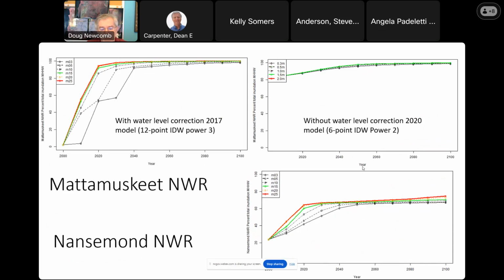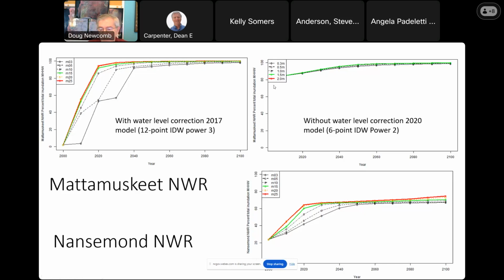And then if you look at Mattamuskeet, you can kind of see the differences if you do the correction to the elevation of the water level. It shows that there is a difference, but it's still going to be a major impact by the middle of the century. And then without the correction, it just starts at a higher starting point.